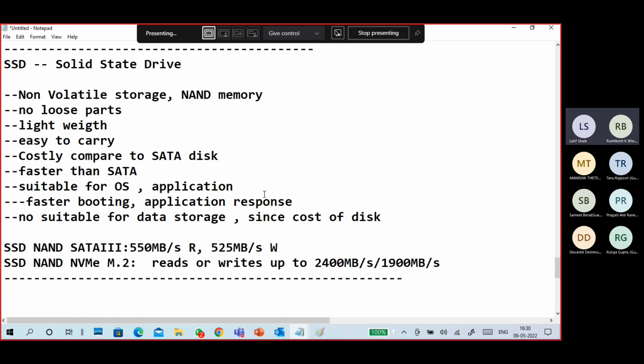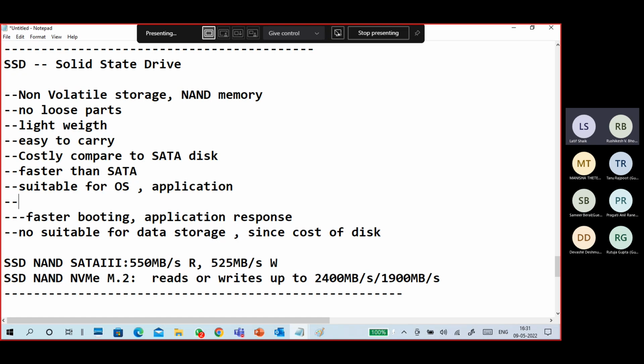Next type of device is SSDs. It has faster booting and faster application response, suitable for operating systems, applications and servers.